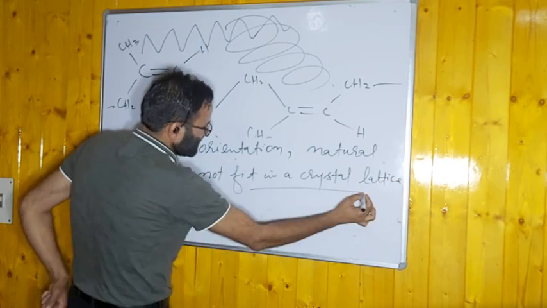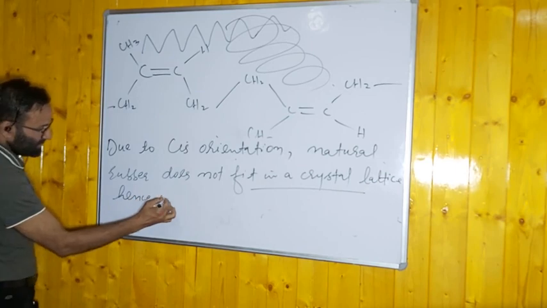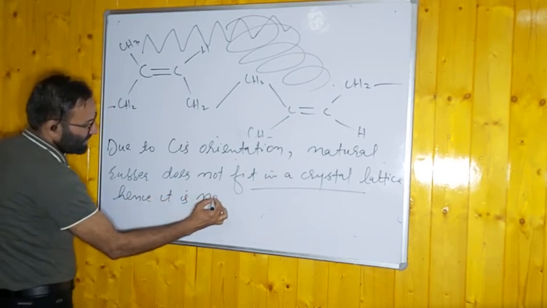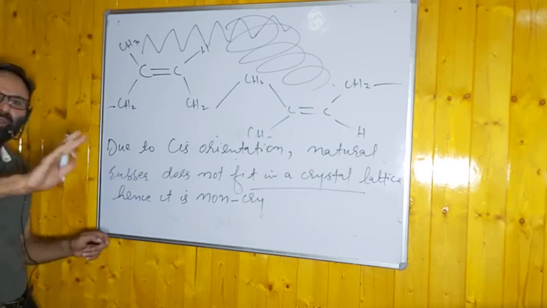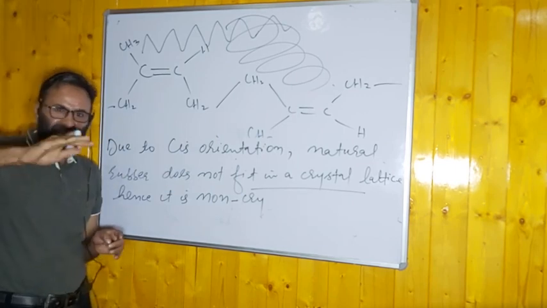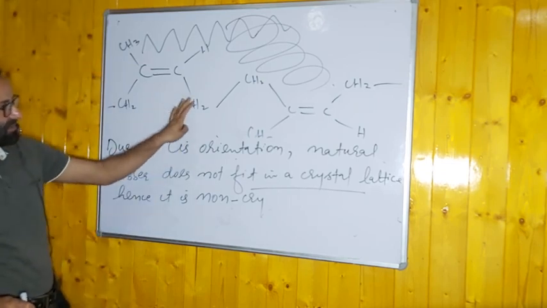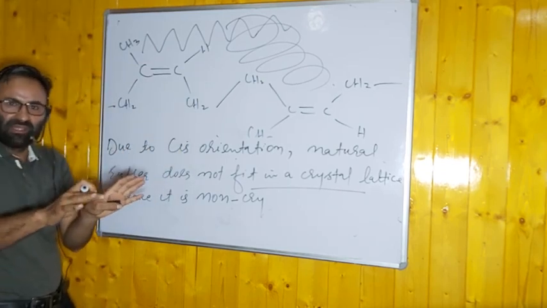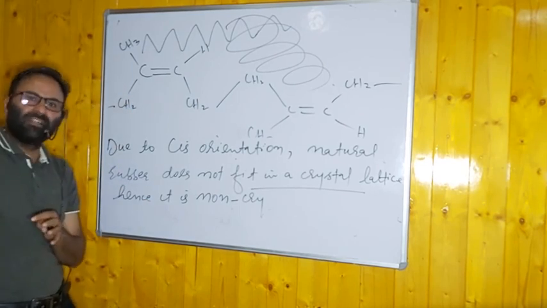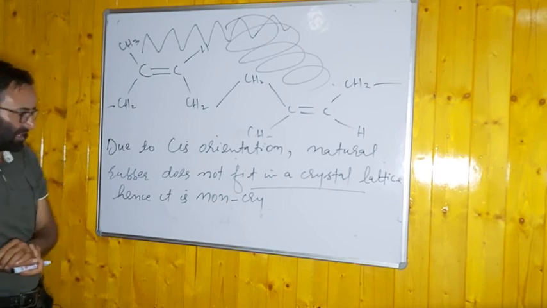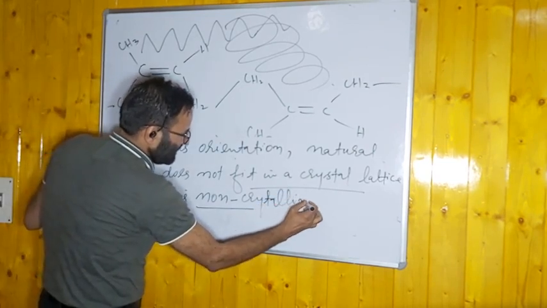Hence, it is non-crystalline in nature. It means that the arrangement is not regular throughout. Crystalline means the arrangement is regular throughout. But because of this cis orientation, the repeating structures cannot be packed regularly throughout. Hence, it is non-crystalline in nature.